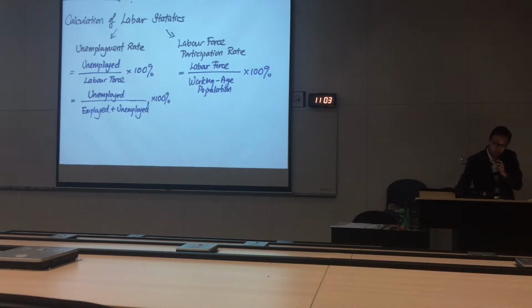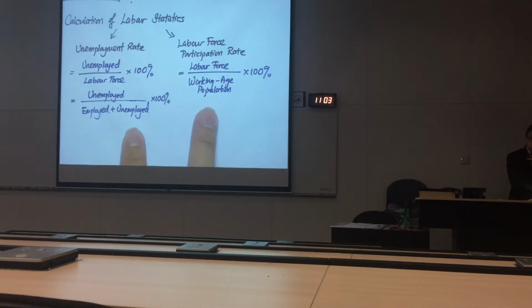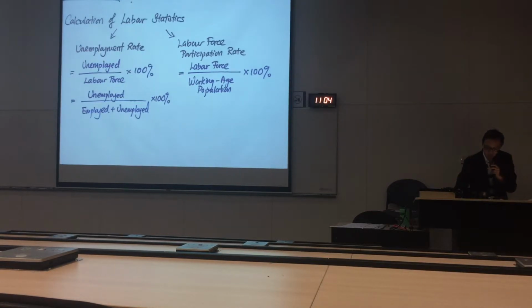Okay, give me a minute. Let me see if I can find something here. Now, individually, if you are given the numbers, it is very simple to do the calculations. You just slot all of the numbers in and do the calculation for either unemployment or labor force participation.